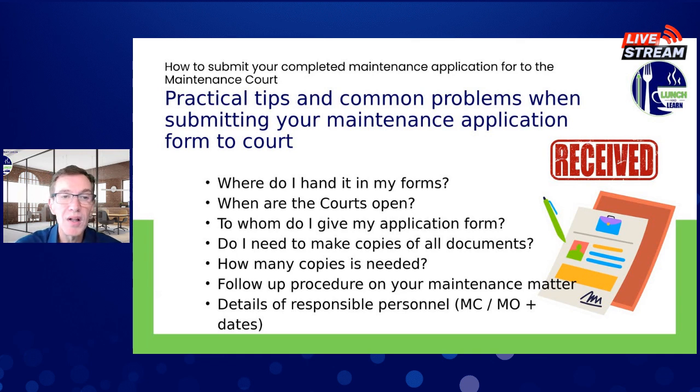Very important as well, get the details of the responsible personnel. If you speak to a certain one, if you gave your documents to a certain person, they all have name tags. Ask them what their names are, what their telephone number is, what their email address is. Get all those details each and every time that you have engagement at court and you have been helped by someone.